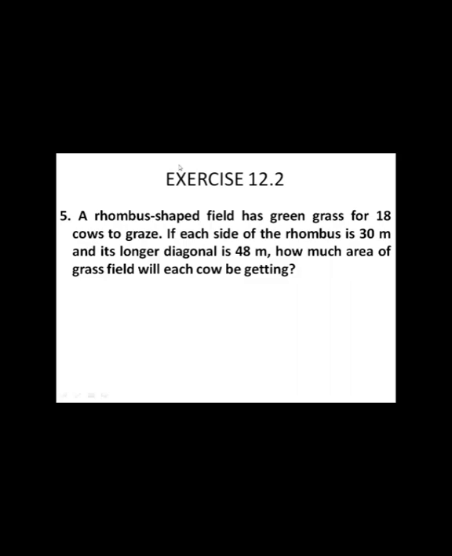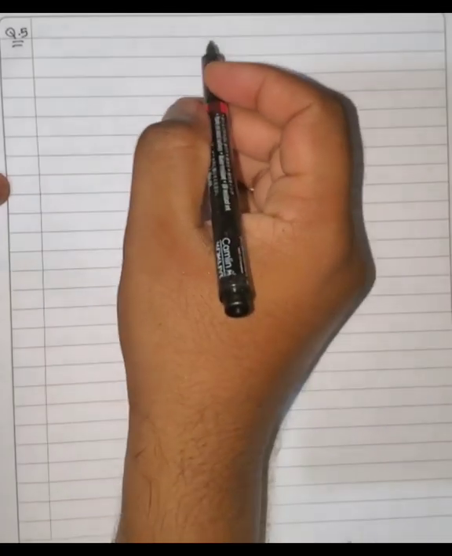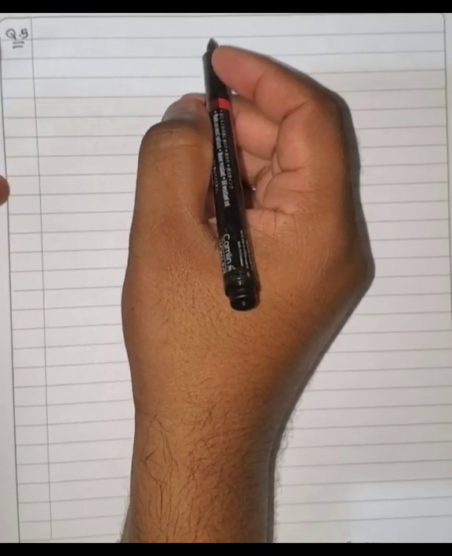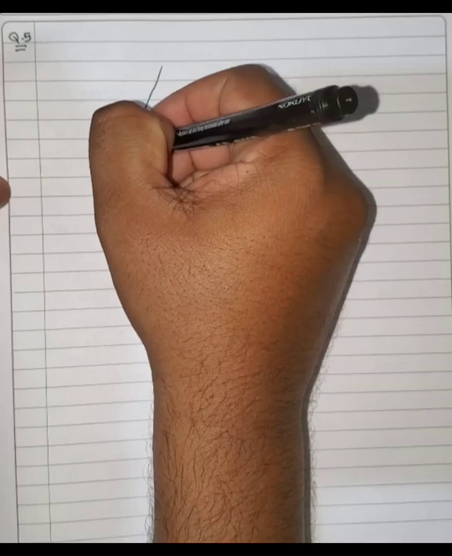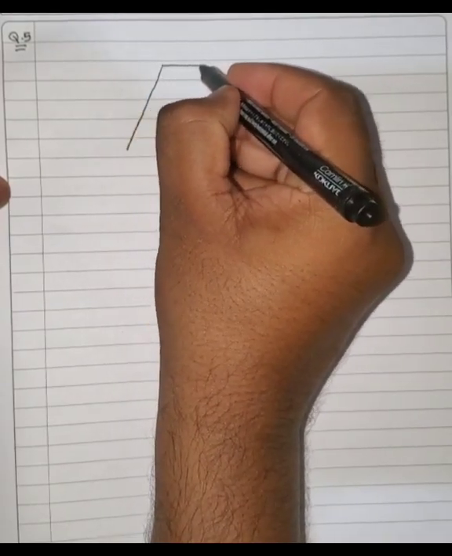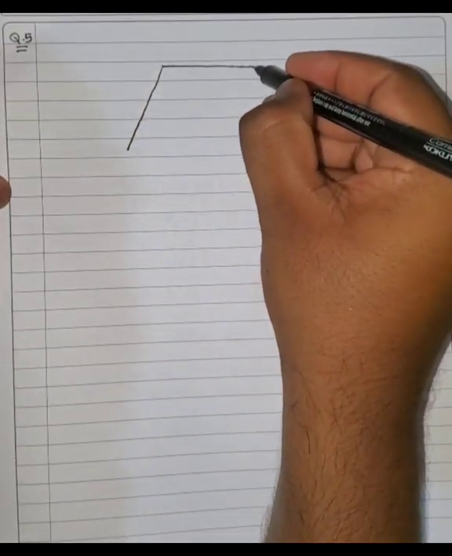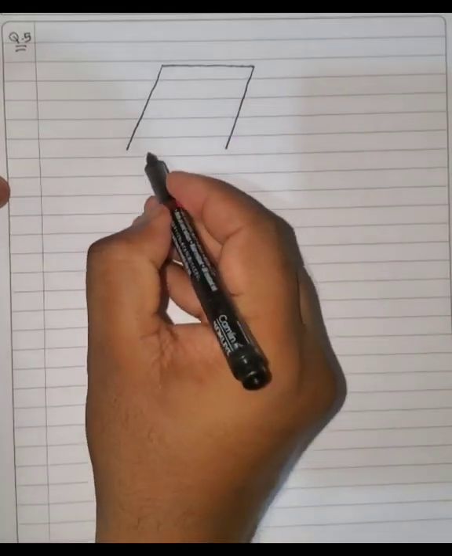Now, the given quadrilateral over here is rhombus, and we know that all the sides of a rhombus are equal in length. So let us use the given data and try to draw a figure and get to the solution of this question. Let's do it. Now, as it is given in this question 5, there is a rhombus shaped field. So let me draw a rhombus. A rhombus is a four-sided figure with all sides equal.